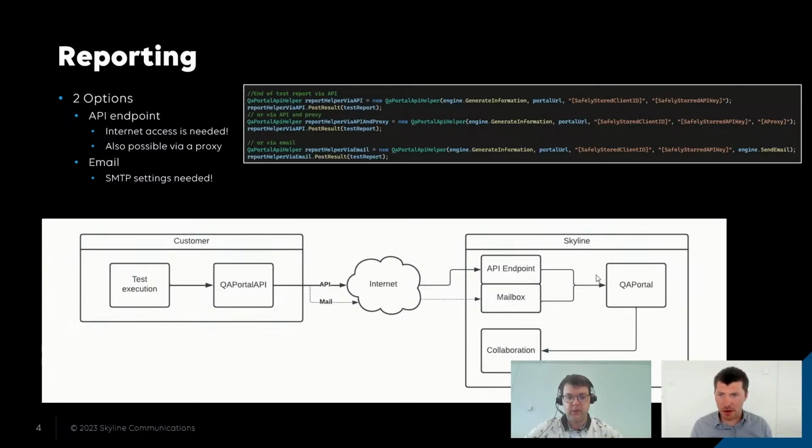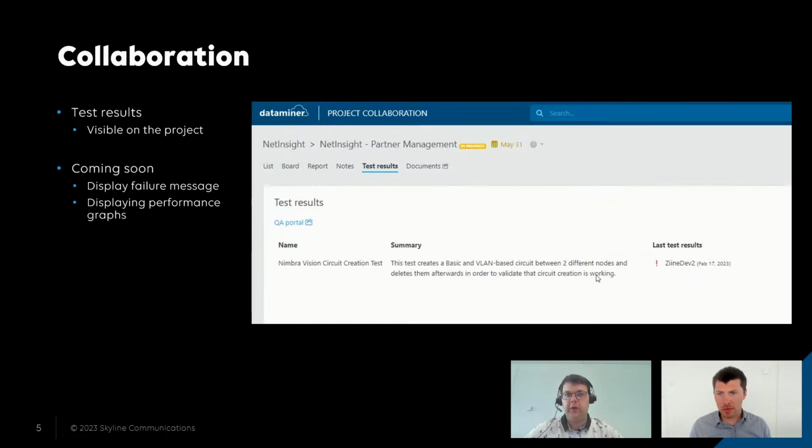Okay, perfect. Thank you. And then once you report, you want to see your results as well. This can also be done on the collaboration side. So if you go to your project, you have a tab called test results, and in there you will see all the tests linked to that specific project, with the latest test results.